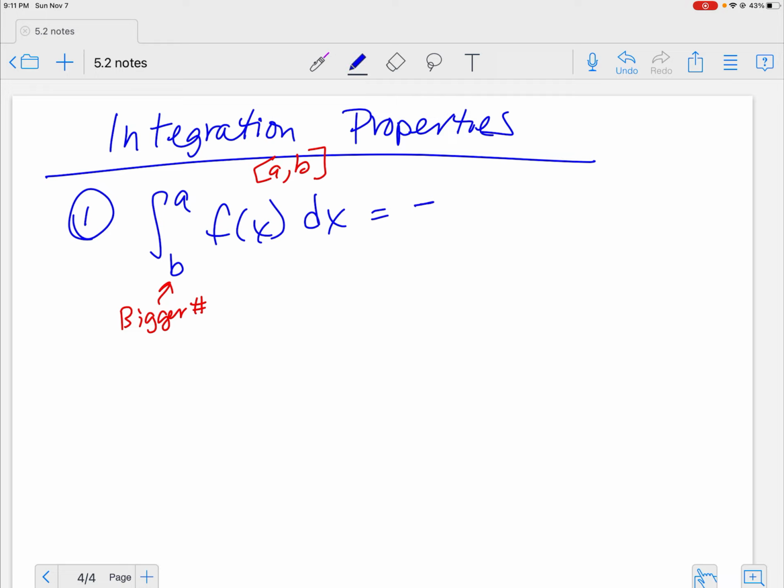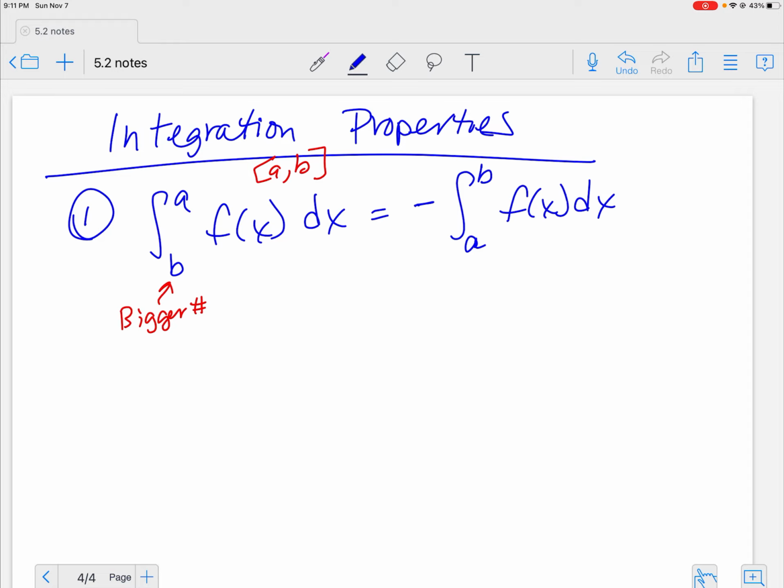You can do this and switch the sign to be a negative in front, and then you can switch your bounds. That's a big one.